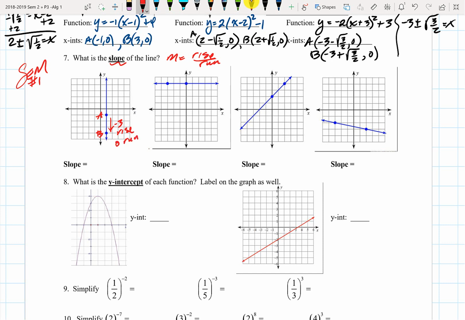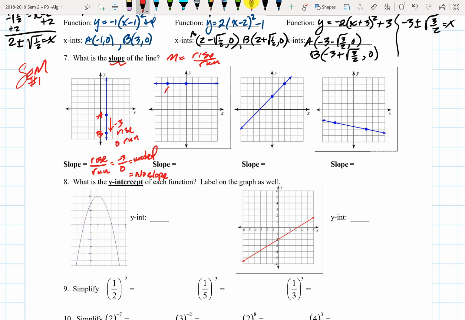So rise over run, in this case, is -3 divided by 0, and this is undefined, which means there's no slope here.